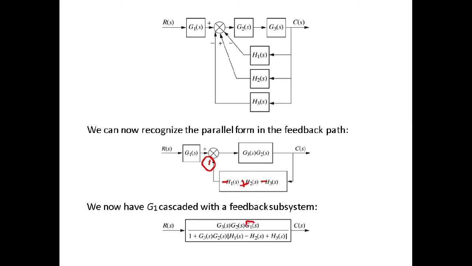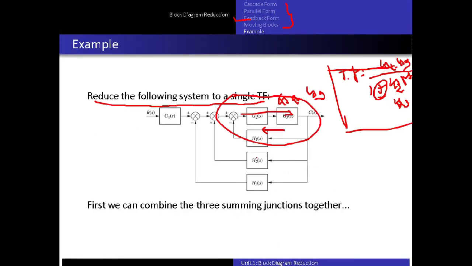You can see G1 will be right here. That is why the multiplication was happening. So if you just look at this term, it is nothing but the solution of this feedback control system, and it will be your final transfer function.